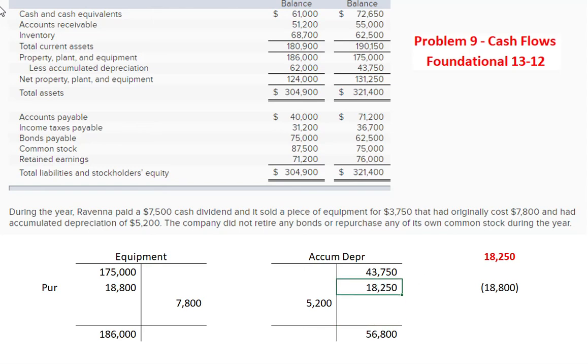So this can't be 18,250. It has to be the 18,250 plus the 5,200. So our depreciation expense wasn't 18,250, but rather 23,450.